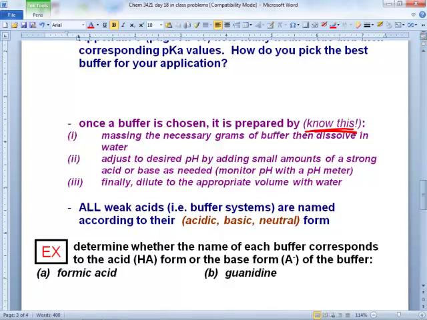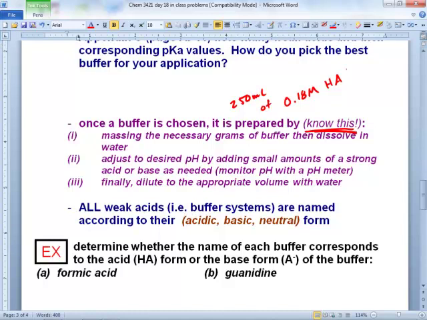Three steps. Mass the necessary grams of buffer, then dissolve in water. Well, necessary grams. I guess that must mean I want 250 milliliters of 0.18 molar general buffer HA, right? You have to know the volume and the concentration. Do you see how to get grams out of that?